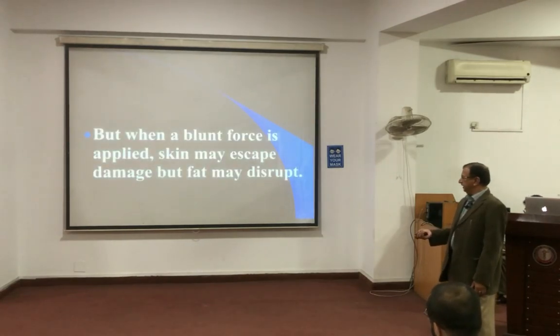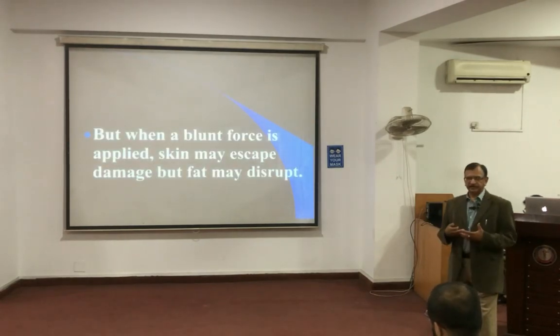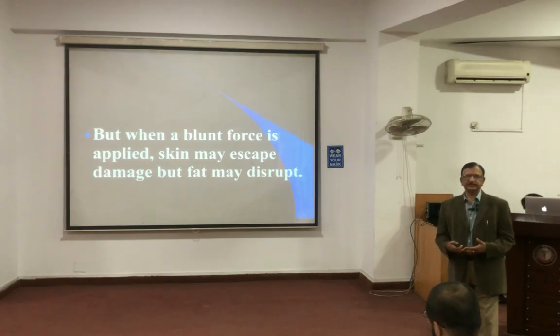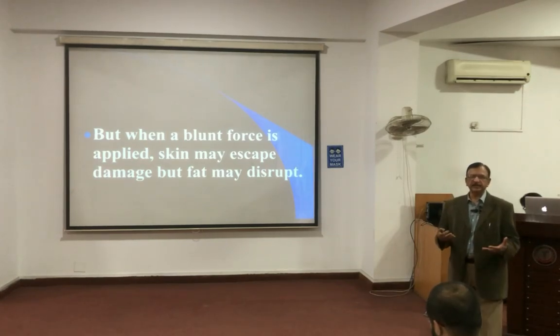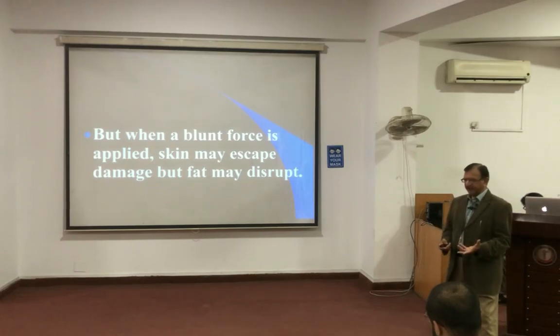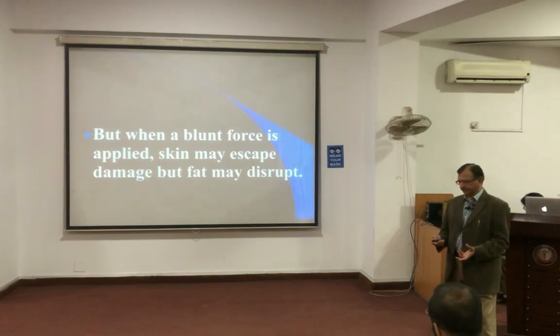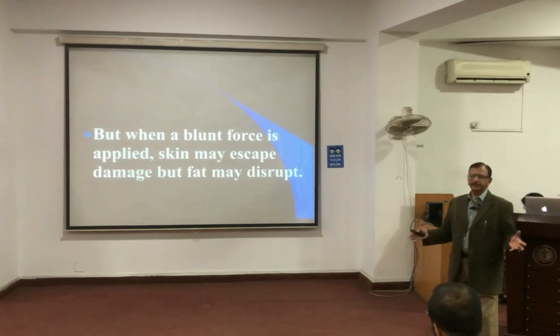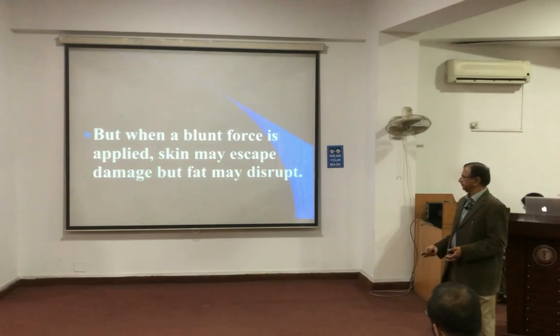So when a blunt weapon is applied, the skin and the subcutaneous tissues sometimes escape the damage because of their elastic and compressibility factor, and the force is transmitted underneath. But again, the amount of force will determine the outcome. If the amount of force is much higher, it can disrupt the whole thickness.